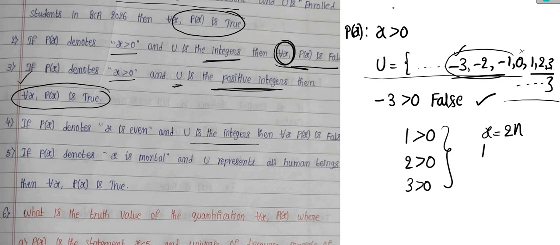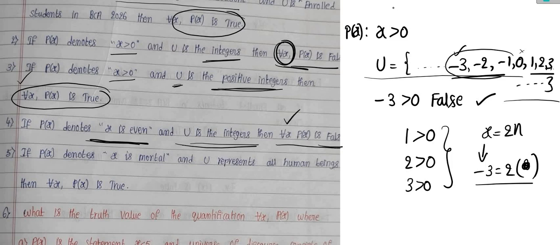Observe, if x is minus 3, we cannot write minus 3 as 2 into something. That means this statement is false when we take U as integers. If the statement is false at a single point, then the statement is totally false because here for all x is there.